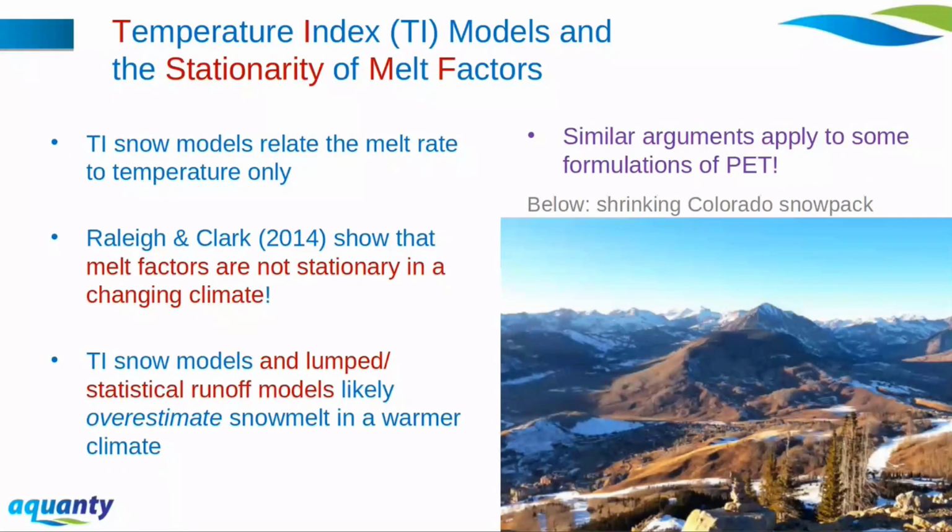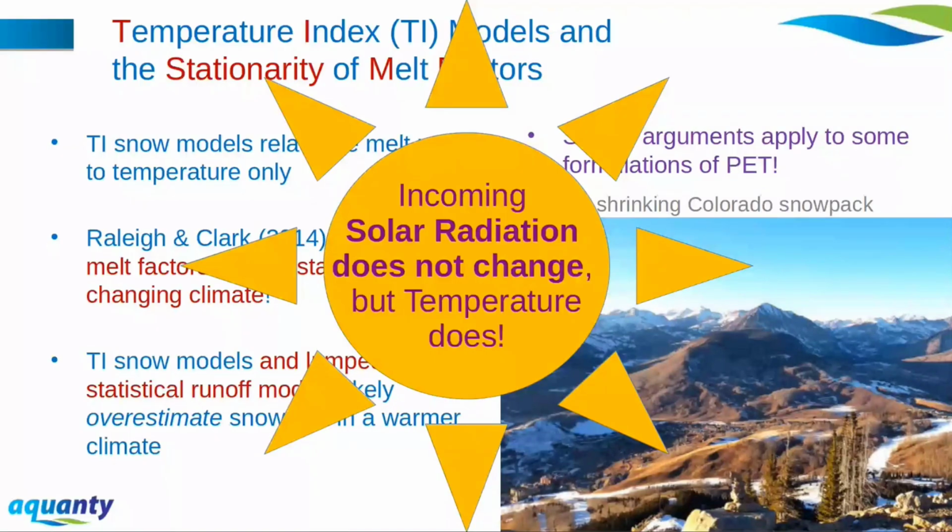And the root of the problem here is that you're parameterizing the incoming solar radiation with temperature. But temperature changes because of a change in greenhouse gases and not because of a change in solar irradiation. Solar radiation stays the same.